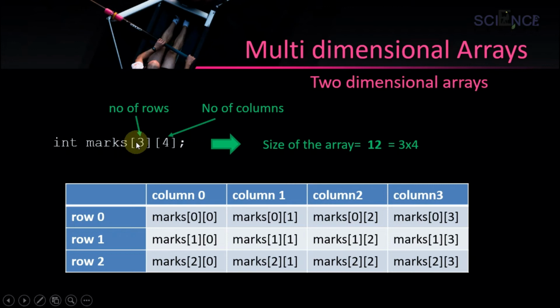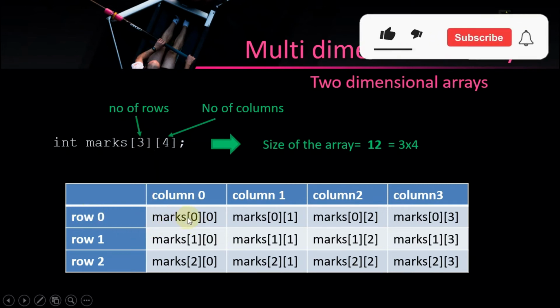Each and every element has a unique variable name. So what are these unique variable names? What is the name of my array? It is marks, right? What is the first element of my array? It is marks[0][0], right? If I consider the first square bracket as rows, then it will look like this: row 0, column 0. Or you can consider this as columns and this as rows, right?